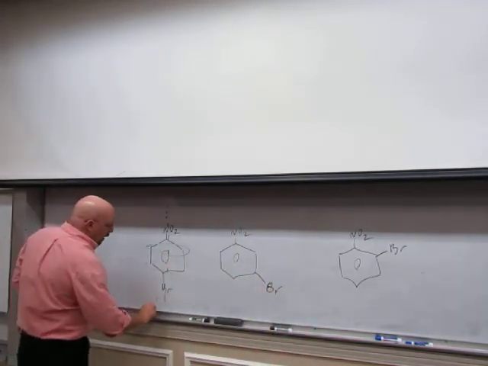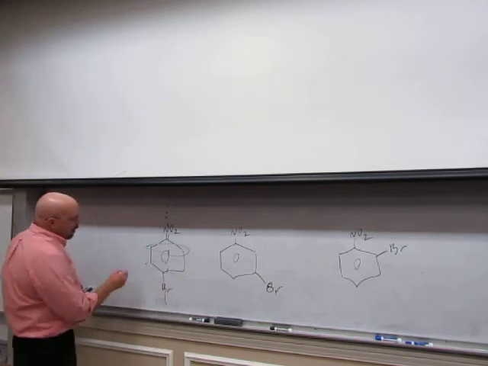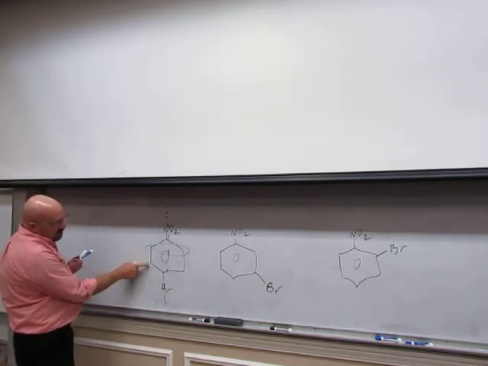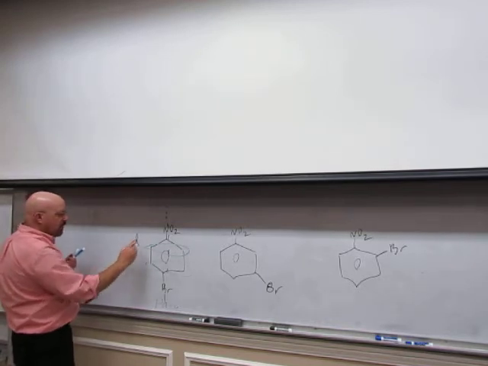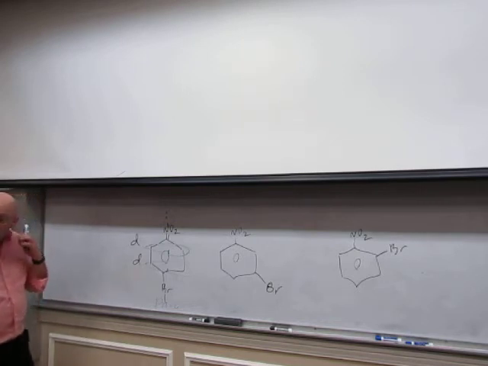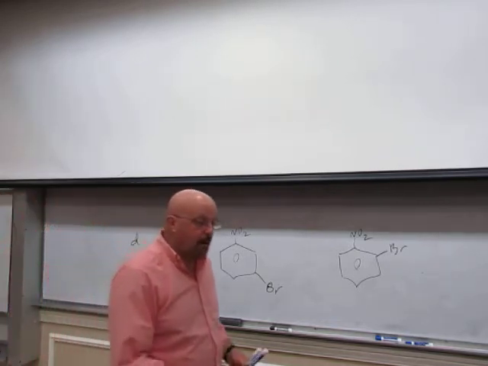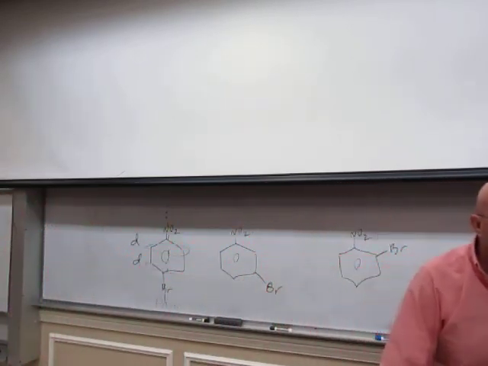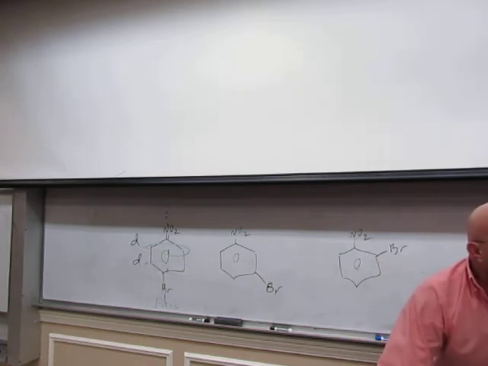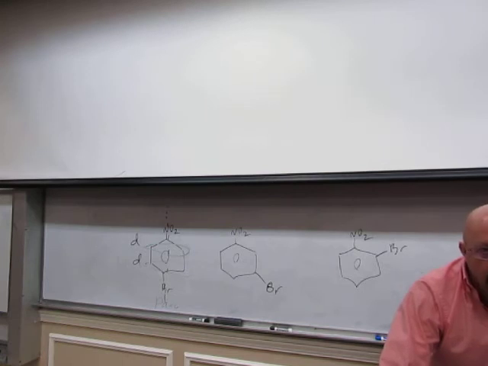So when things are para, these would get split by the adjacent, so this would show up as a doublet. These would get split by the adjacent, this shows up as a doublet. You look down there at the aromatic region and you see 2 doublets, you know it's para substituting. That's so easy. When you have two doublets, you know they are para to each other.